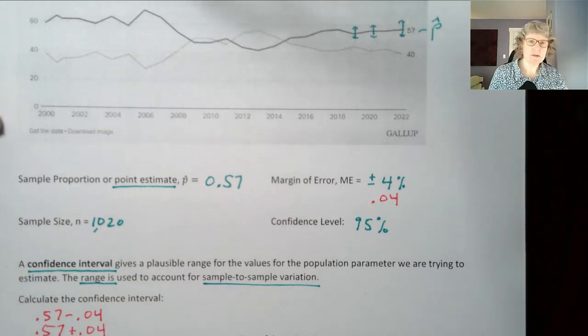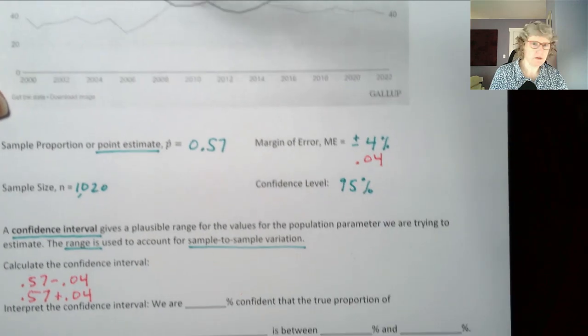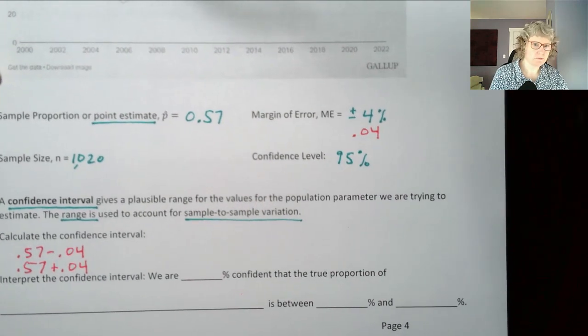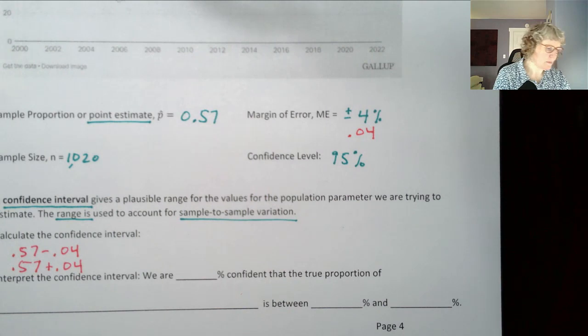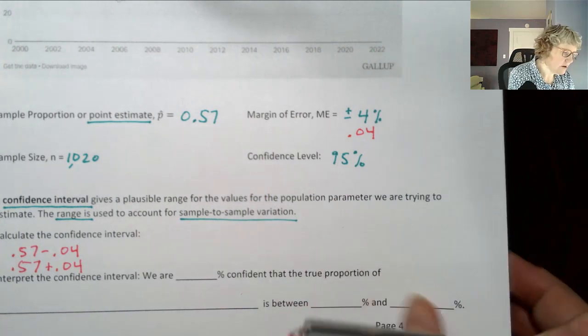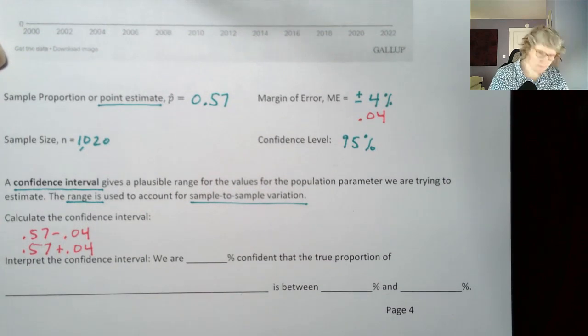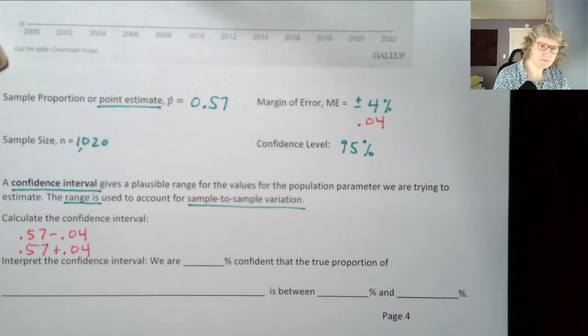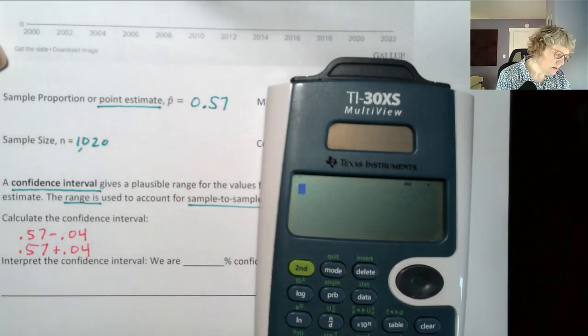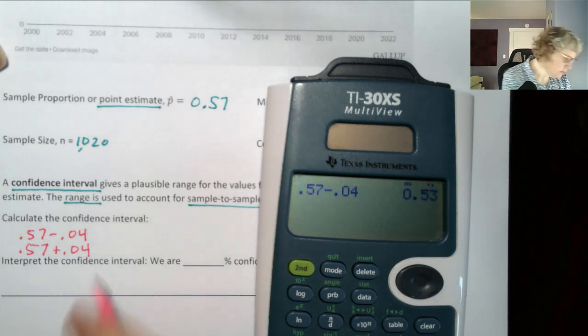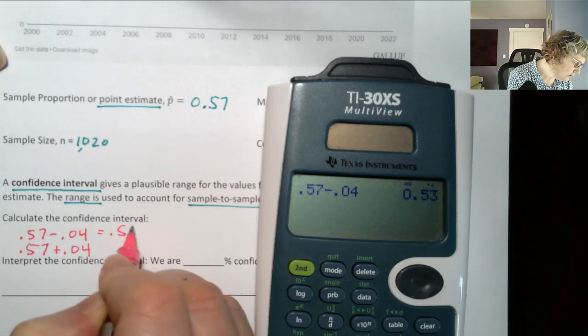So let me move this up and get my calculator out. 0.57 minus 0.04 is 0.53, and you could probably do these in your head as well.